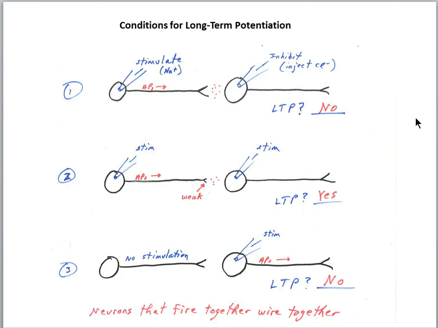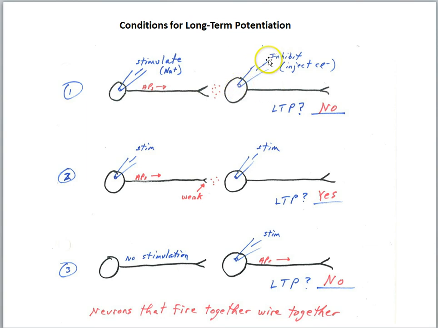After establishing the basic phenomenon of LTP, long-term potentiation, scientists went on to characterize the conditions under which LTP occurred at a given synapse. There are three conditions here that we'll take a look at, and then we'll draw some conclusions. Under the first scenario, what scientists did was they stimulated with high-frequency action potentials the presynaptic cell, but while they were doing that, they prevented the target cell from generating action potentials.